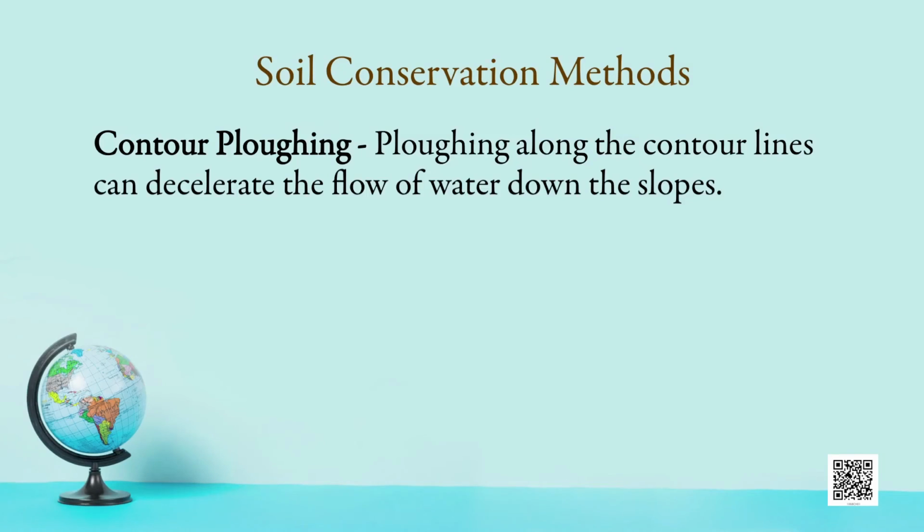Dear students, soil indeed is an important resource and we must ensure to conserve this rich resource. Shall we learn and familiarize ourselves with various soil conservation methods? Contour plowing is an important method of soil conservation, as plowing along the contour lines can decelerate the flow of water down the slopes.